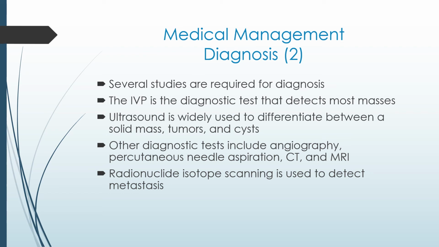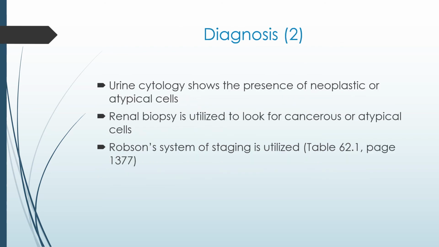Radionucleotide isotope scanning is used to detect mets. Urine cytology will show the presence of neoplastic or atypical cells. Renal biopsy is utilized to look for cancerous or atypical cells. And then Robson's system of staging is utilized, and that is noted on page 1377 in your textbook, and you may want to look at that table.